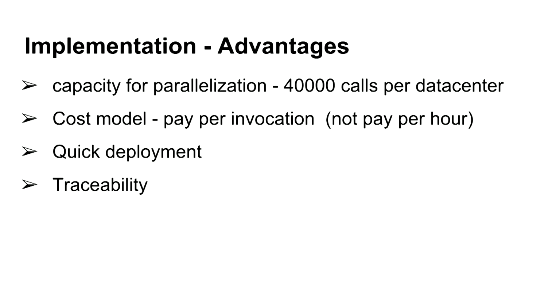It allows us to parallelize up to 40,000 data calls with a pretty convenient cost model, and it was possible to do changes and updates. The most important part for us was traceability, because before we moved to serverless, with the instance type of implementation, it was really a nightmare to manage this beast.